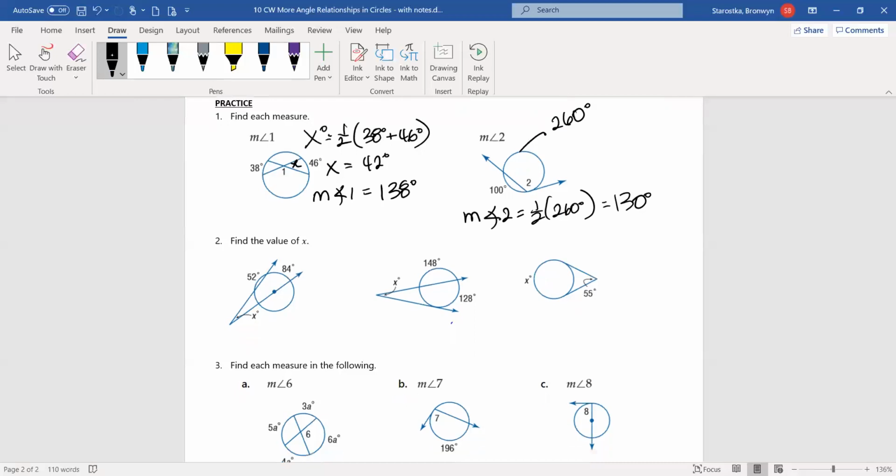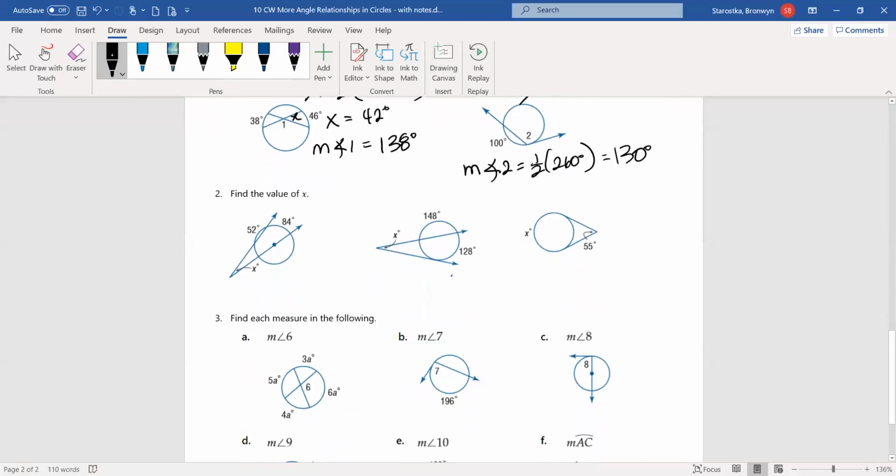For problem 2, we intersect outside the circle, so we know we're going to do some subtracting. What do I notice about this diagram? I notice that I have a diameter. So 180, subtract 52, subtract 84.